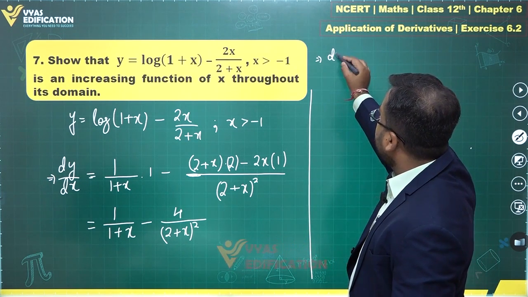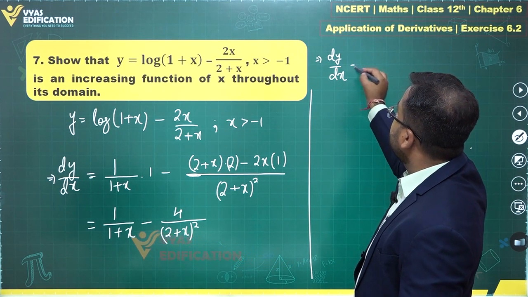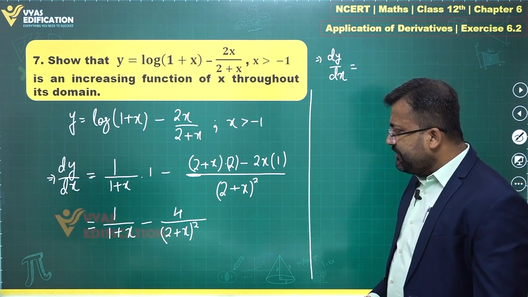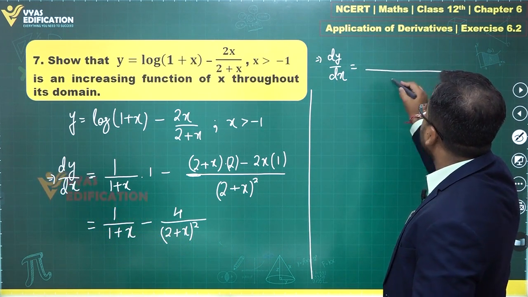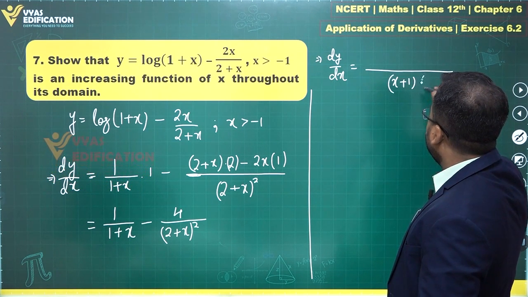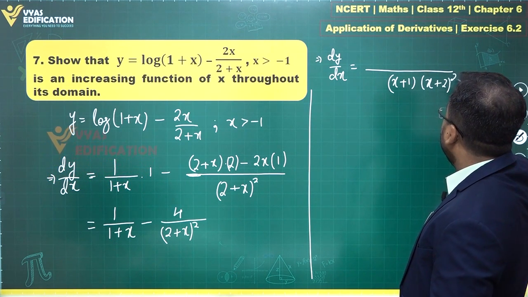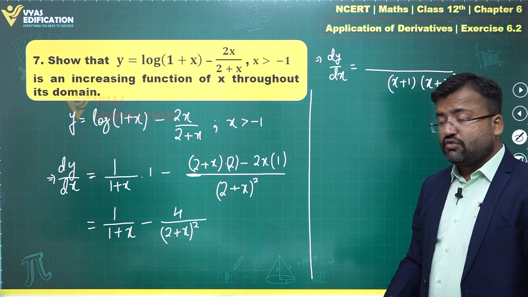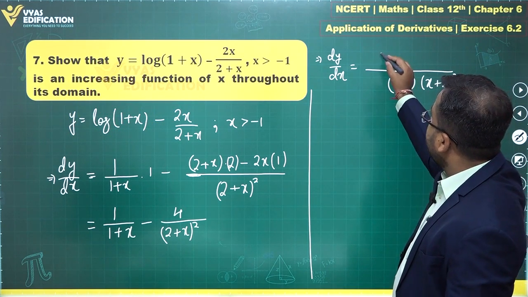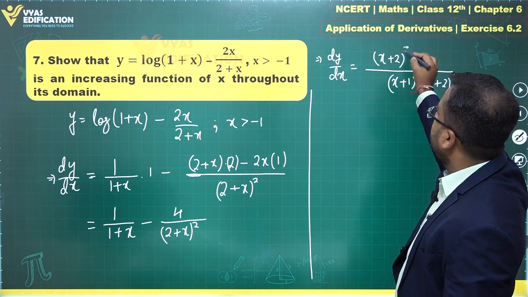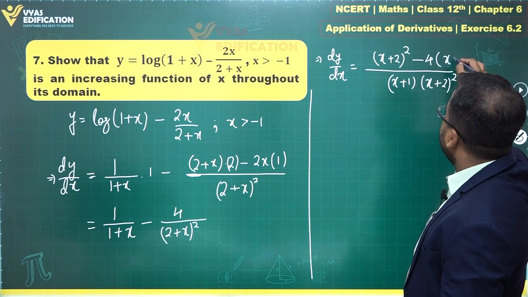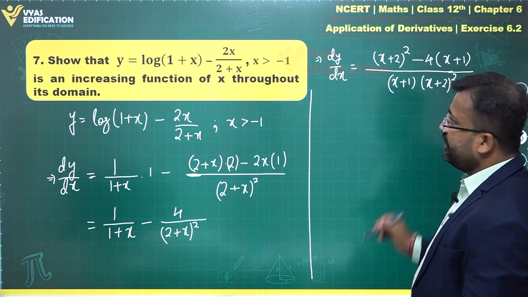Which gives me dy by dx is equal to, we'll have to take the LCM in the denominator. So, this becomes (x plus 1) and this is (x plus 2) whole square. And what you'll have is (x plus 2) whole square over here minus 4 times (x plus 1) in the numerator.